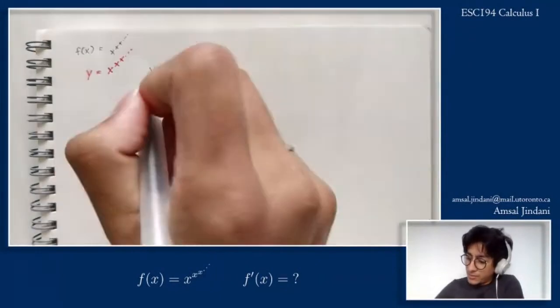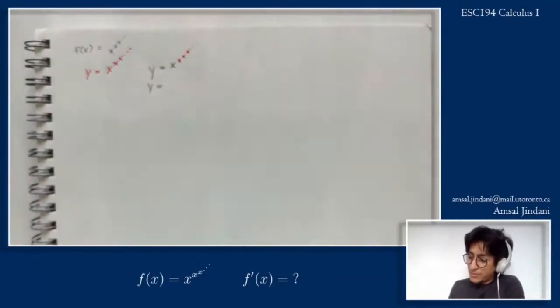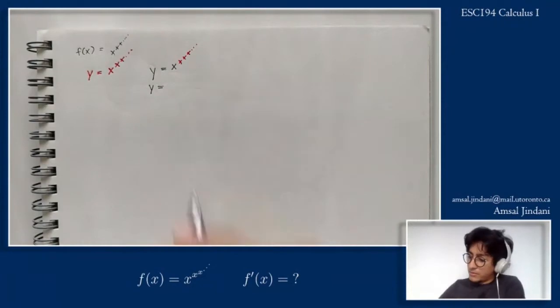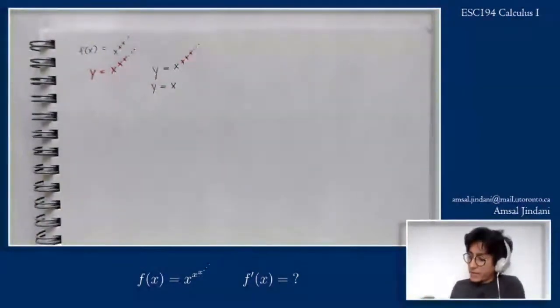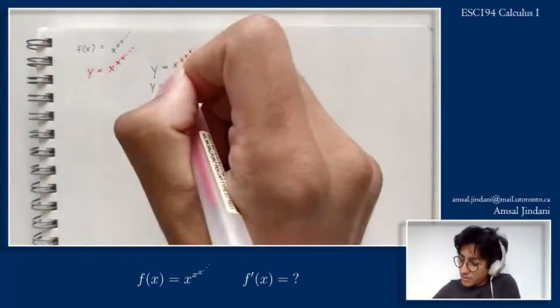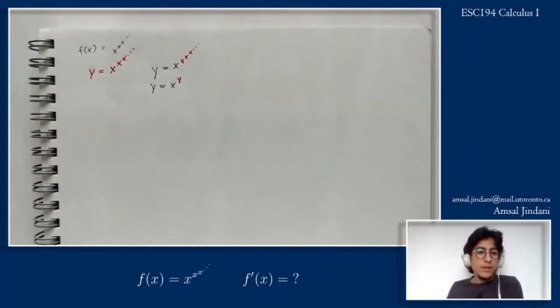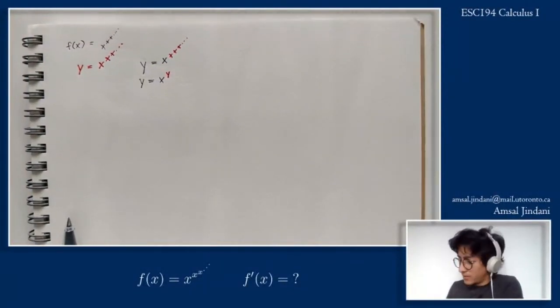You can just do that really smart substitution. And then we get y equals x to the power y. And now that's just an implicit function, right? It's a function of x and y defined implicitly, so we're just going to use implicit differentiation on that.